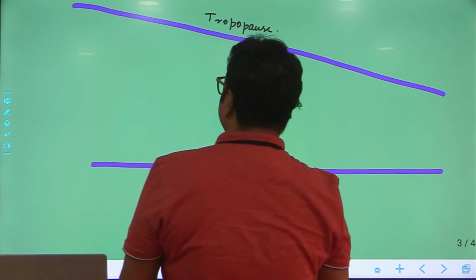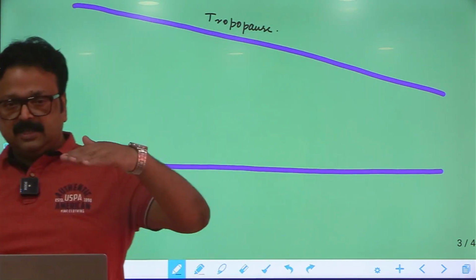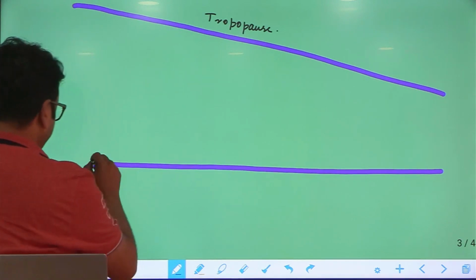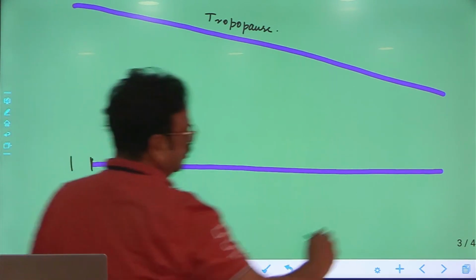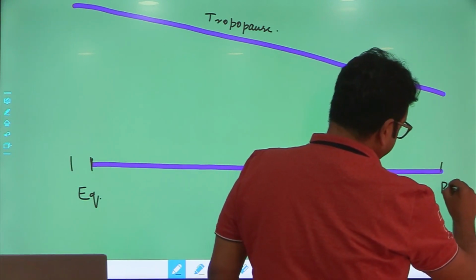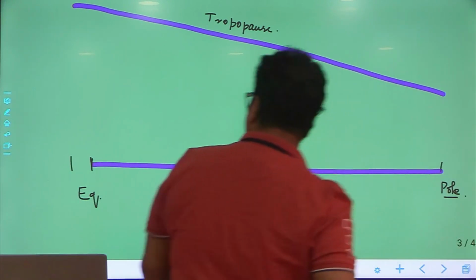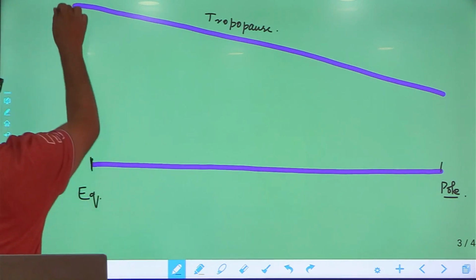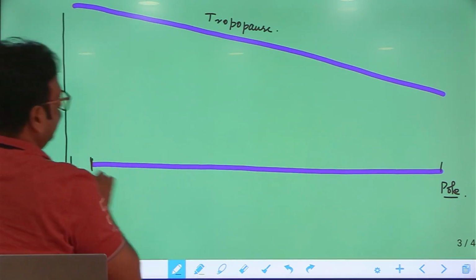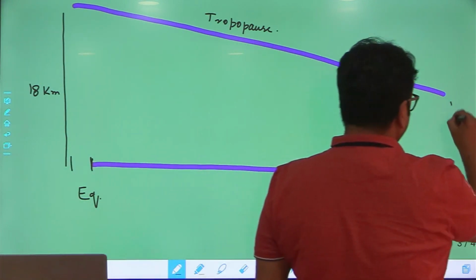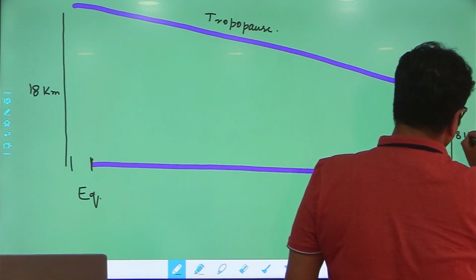You all have this idea, and it acts as a lid. This side is the equator and this side is the pole. The height of the tropopause is almost 18 kilometers over the equator, while it is just 8 kilometers over the pole area.